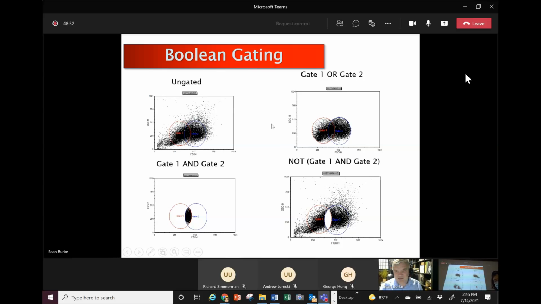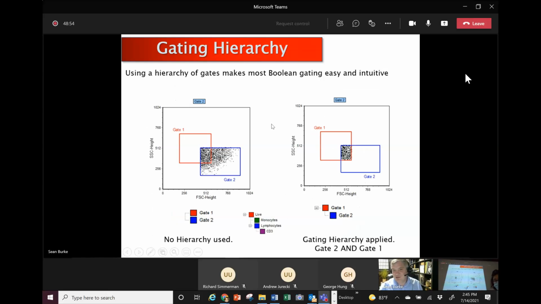But we make this very simple in flow software, because we use something called a gating hierarchy. Instead of saying gate 1 and gate 2, we can make a little hierarchy. If our gate 2 falls under gate 1, that's called an AND gate. Essentially that's what we do in a lot of our flow cytometry analysis: we set up our gates, we put them into these little hierarchies, and that way we can say, let's look at things that are lymphocytes.